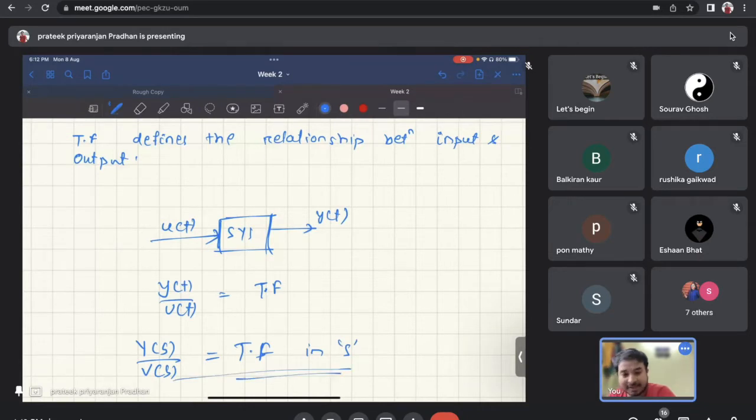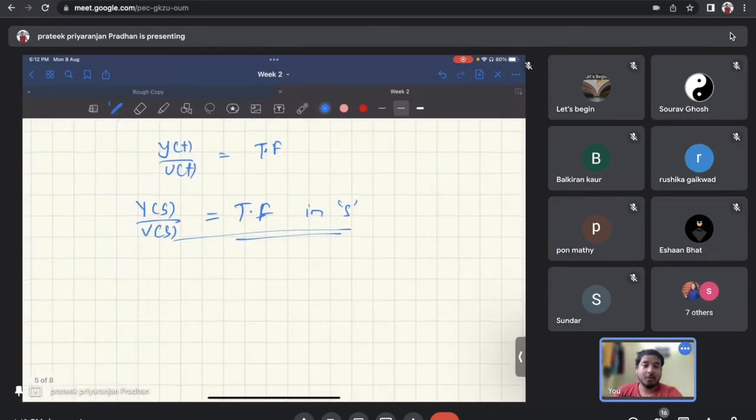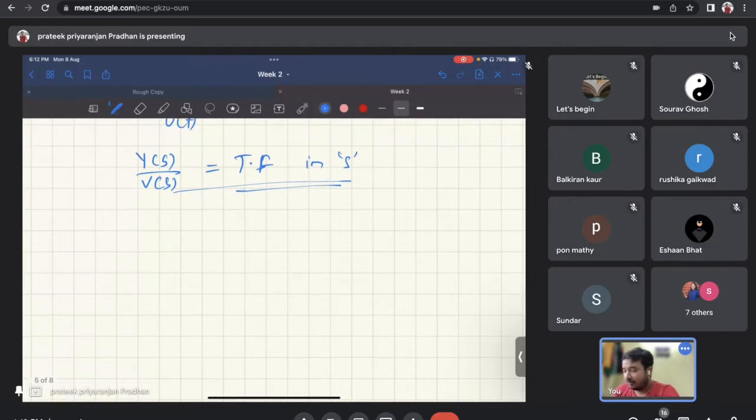In the last class, we discussed why we should go to Laplace domain. In control systems, everybody goes to Laplace domain, from a continuous time system we jump to Laplace domain. We do the Laplace transformation. But why we do that was discussed in the last class.